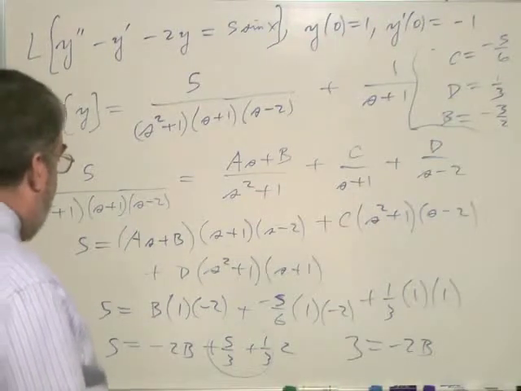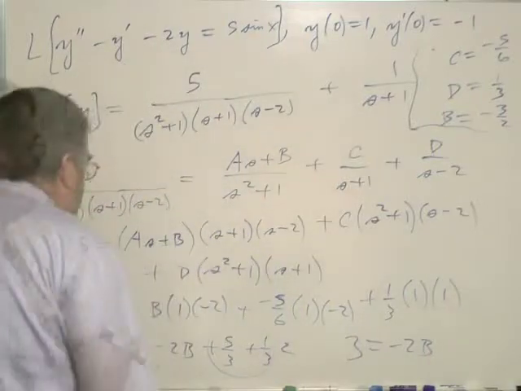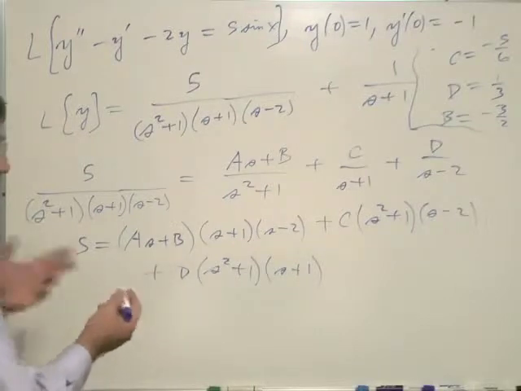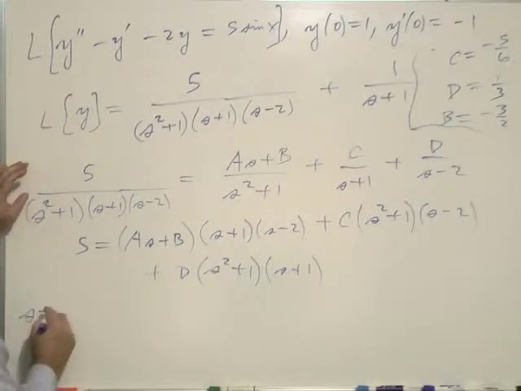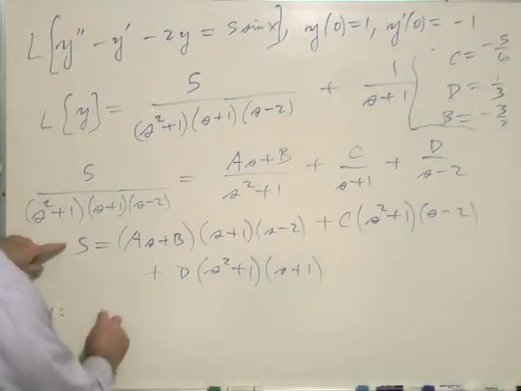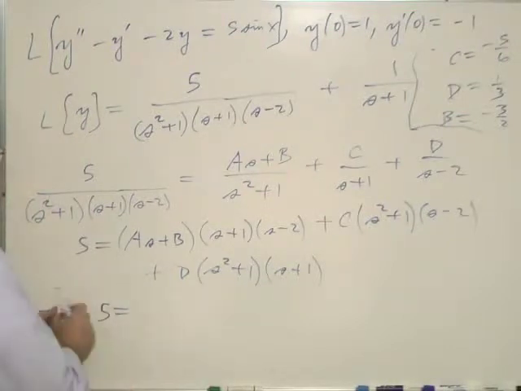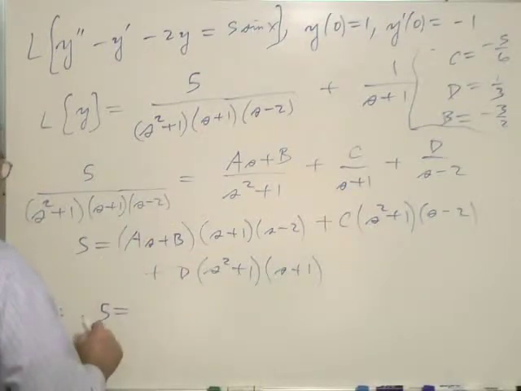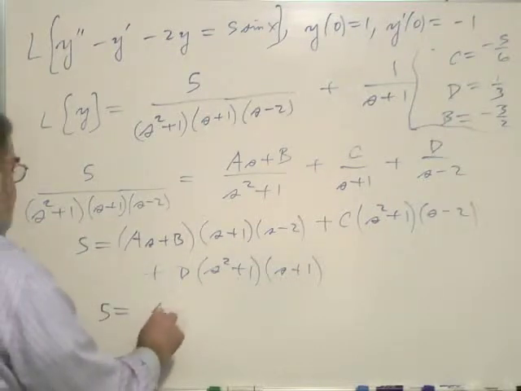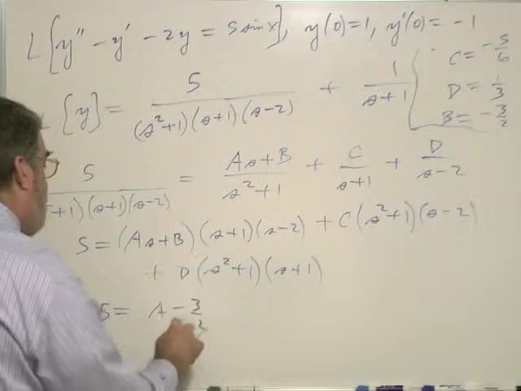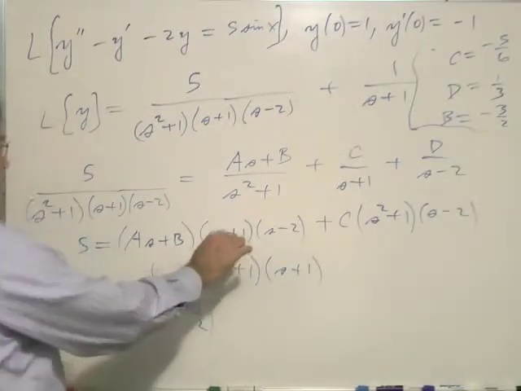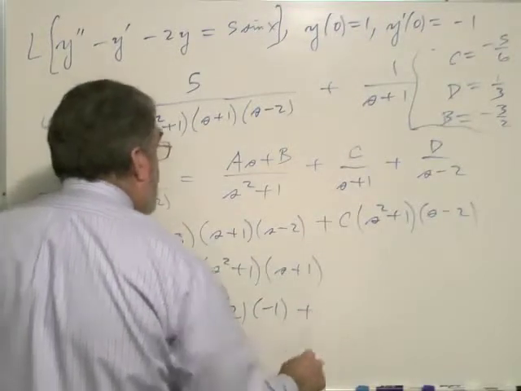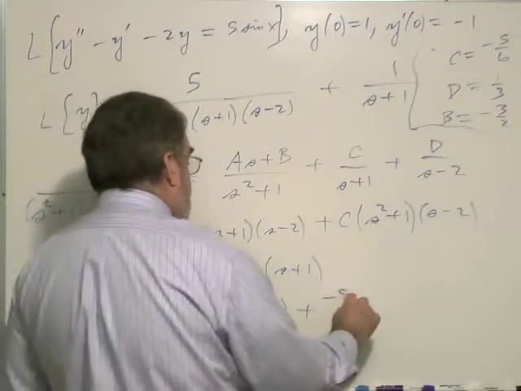So now we have to figure out what A is. What in the world is A? I think I'll just let S be equal to 1, because we know what everything else is except for A. So if S is equal to 1, I think we'll get some nice friendly numbers here. 5 will equal A times S, oh, I'm sorry, S is 1, so it's A plus B, A minus 3/2, times, plug 1s in, I get 2 times 1 minus 2 is -1, plus C, C is minus 5/6.